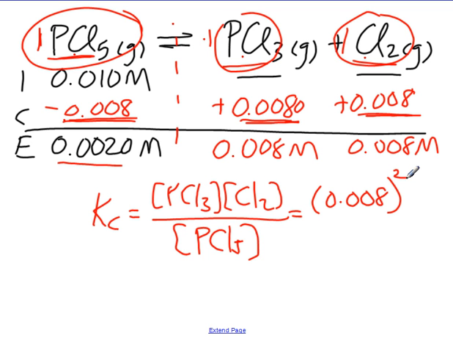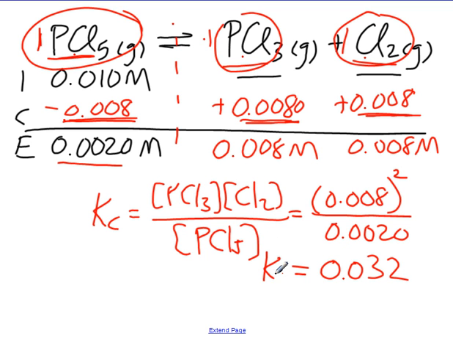You could just write 0.008 squared instead of 0.008 times 0.008, divided by 0.002. Grab your calculator and evaluate that. Someone have the answer? 0.032 is our value for Kc.